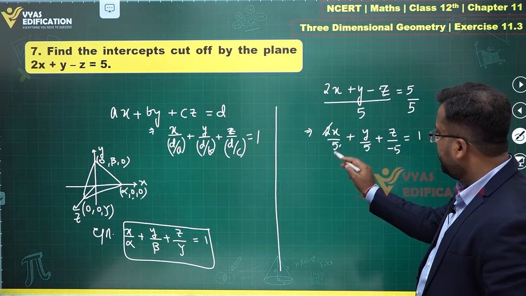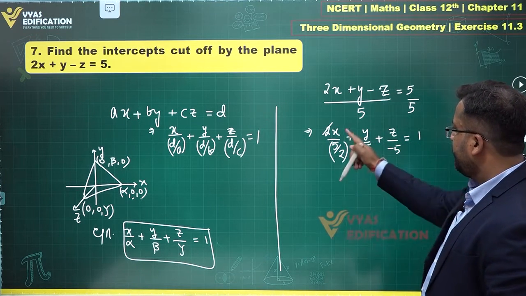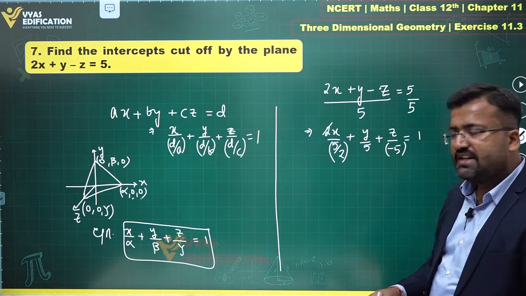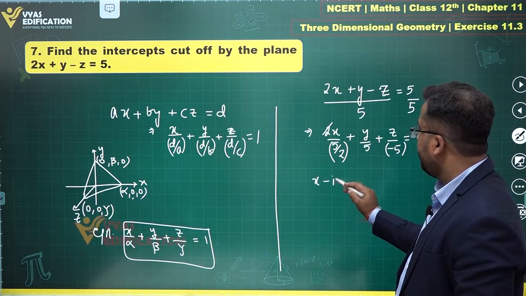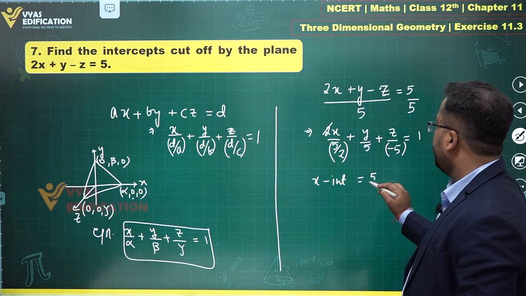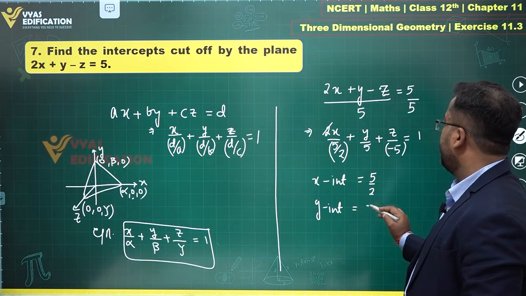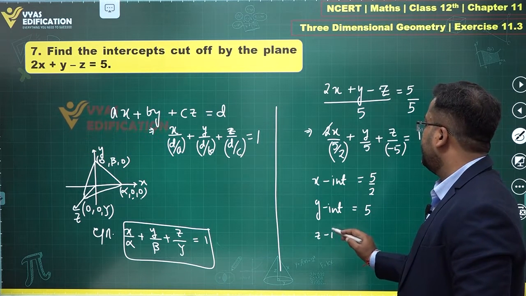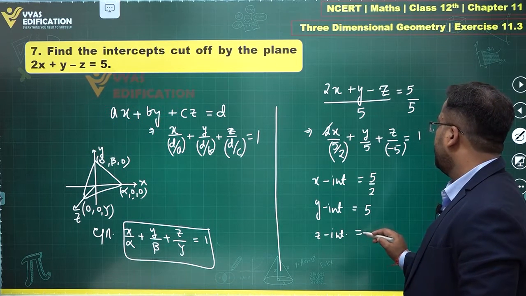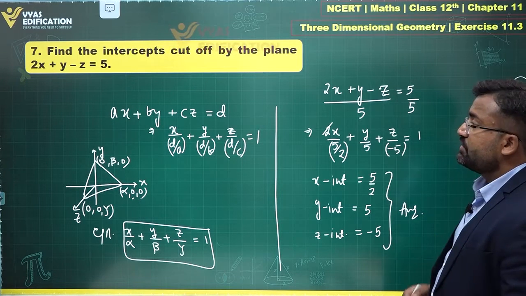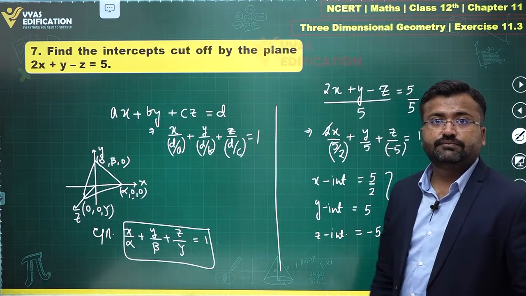You also have to bring this 2 over here, so x upon 5 by 2, y upon 5, z upon minus 5. They give me the x, y and z intercepts. The x intercept will be 5 by 2, the y intercept will be 5, the z intercept will be minus 5. That's my required answer for this question number 7.